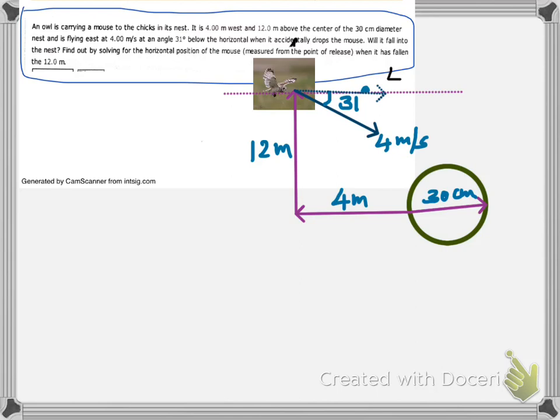Okay, you can break that velocity into two components as we usually do. The horizontal component is 4 cos 31, which we will call Vx or Vox. That is 3.43 meters per second.